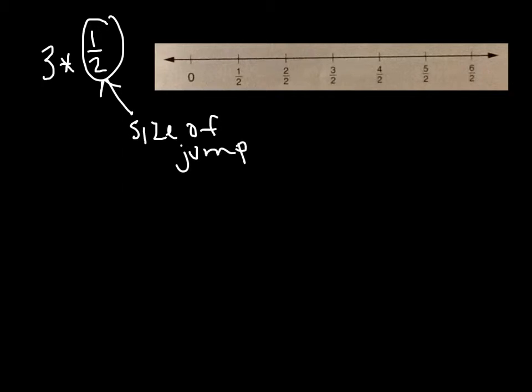One way we can do that is to visualize jumps or hops on the number line starting at 0. The fraction here tells us the size of the jump, and the whole number here tells us the number of jumps.